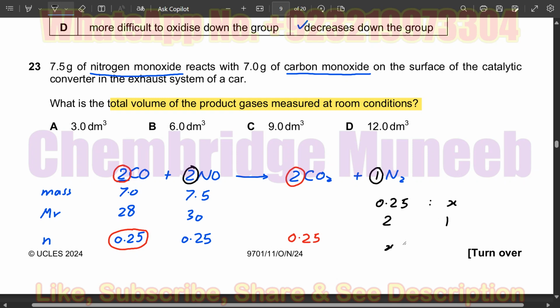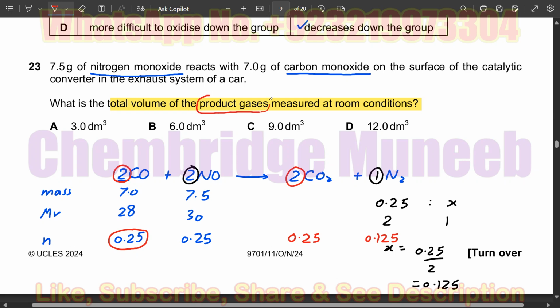So X value will become 0.25 divided by 2, which is equal to 0.125. So basically the moles present for nitrogen are 0.125.